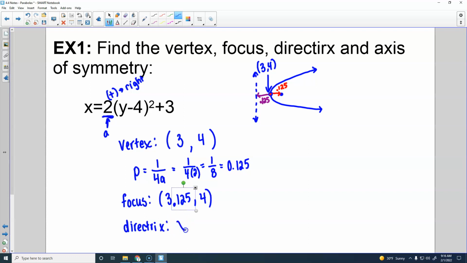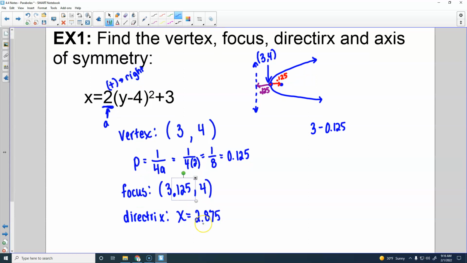So it's going to be x equals, and then our x coordinate here was 3. We had to go to the left 0.125, and so we will have to subtract. So if we do 3 minus 0.125, we're going to get 2.875. So that would be the equation of our directrix.